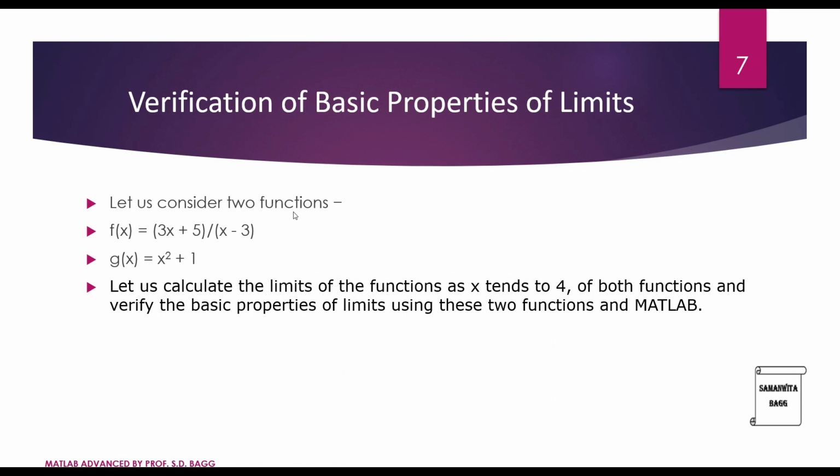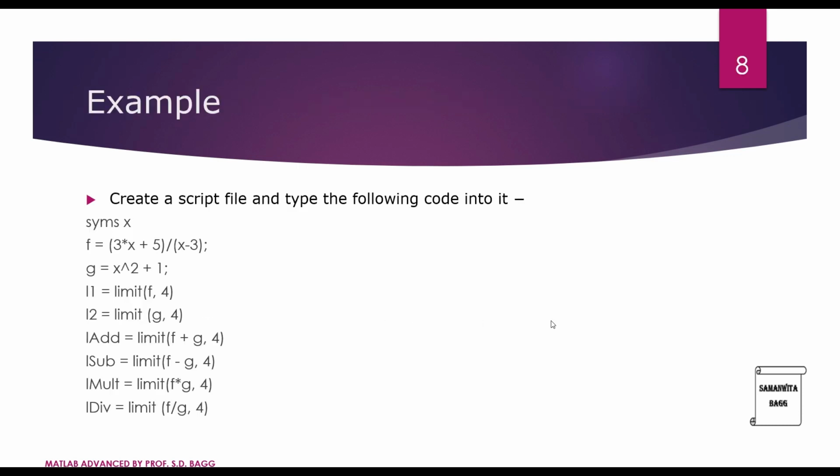Let us consider two functions. f(x) is (3x + 5) / (x - 3) and g(x) is x squared plus 1. Let us calculate the limits of both functions as x tends to 4 and verify the basic properties of limits using these two functions and MATLAB. So first we will write the script as syms x, that is a variable.